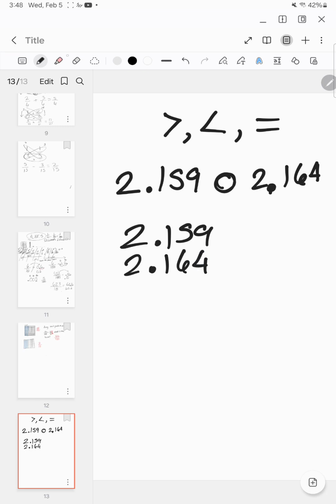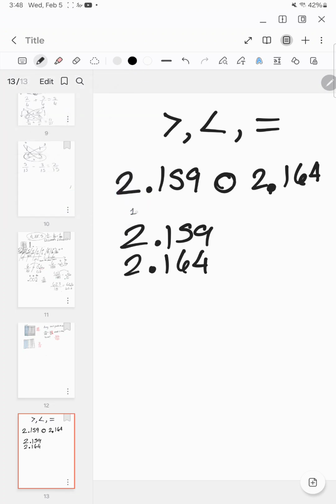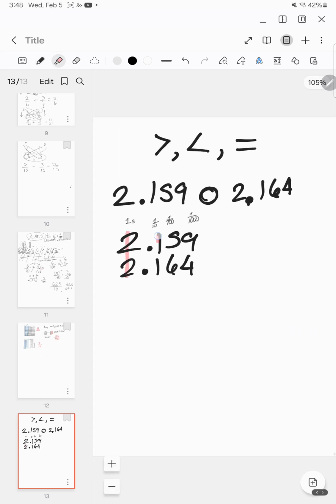I'm going to look at the place value. I already know my places. We got the ones, because there's a decimal right here. This is the ones place. After the decimal, you have the tenths, you have the hundredths, and then you have the thousandths. So if I look here, this is the same, this is the same, but now I see a big difference, so I can use my hundredths place.